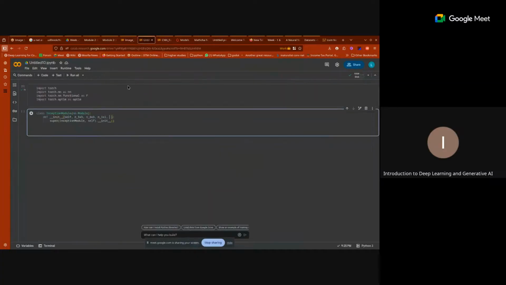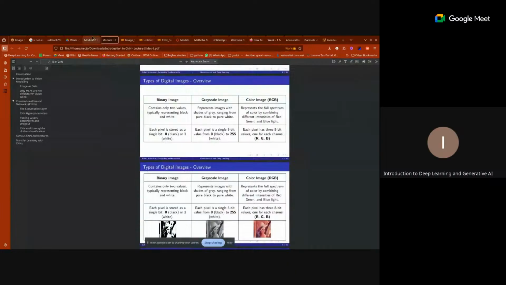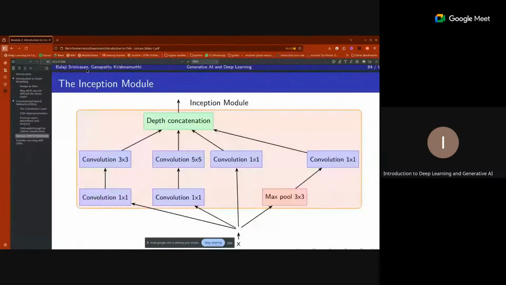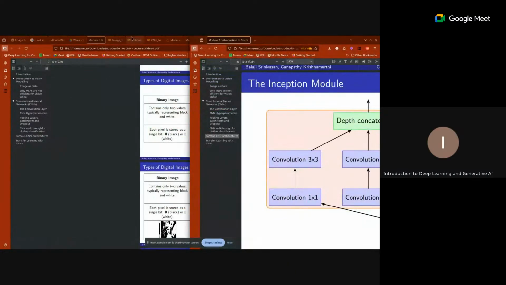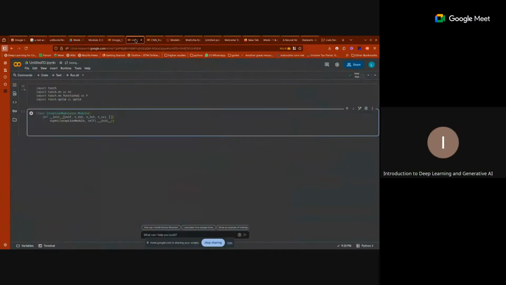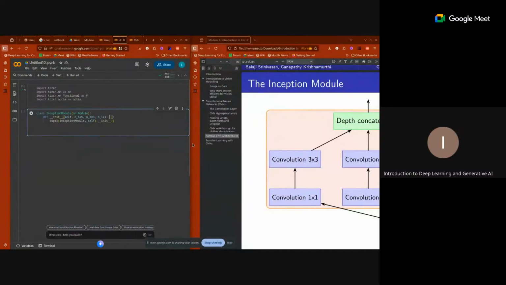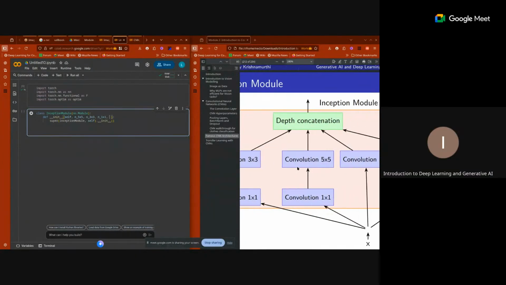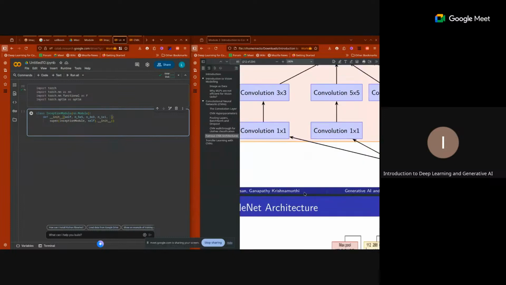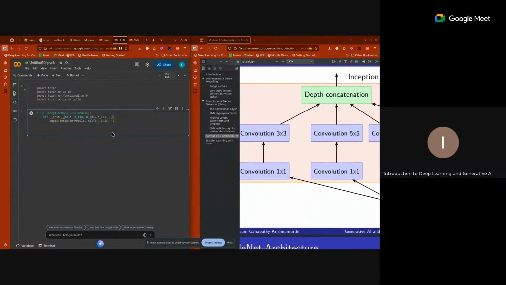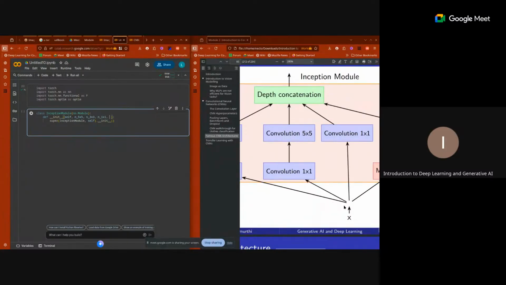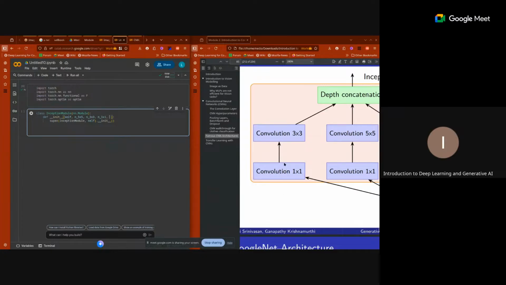Then let's just keep this to the side. So first we have to reduce this, right? So here there are the input channels. Number of input channels will be there.